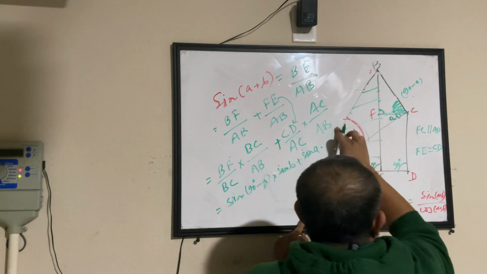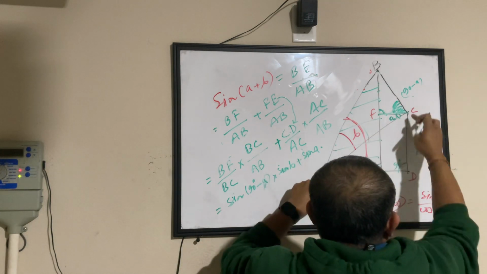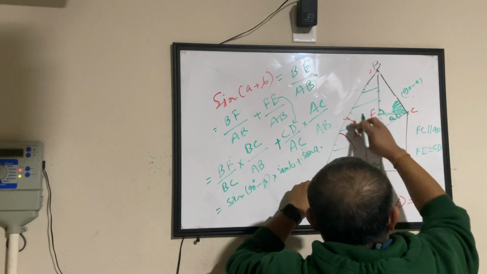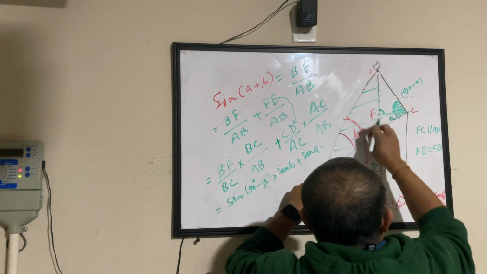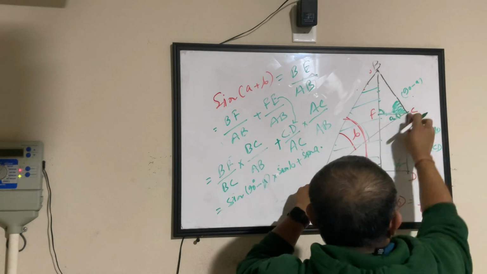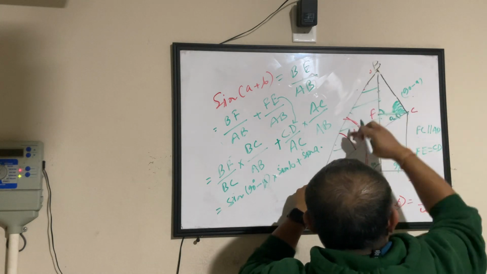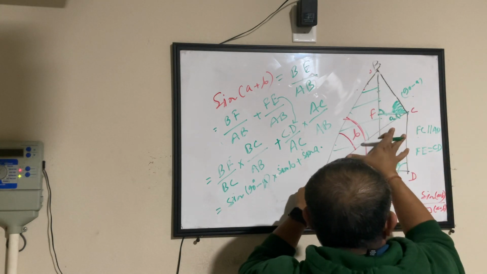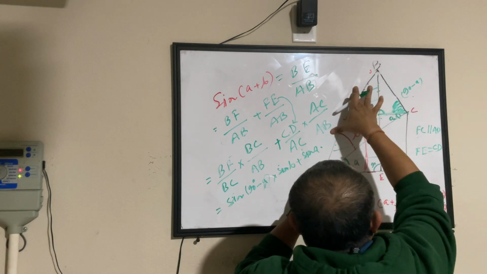into AC by AB. What is my AC by AB? This is my angle B. So this is the adjacent side by hypotenuse.